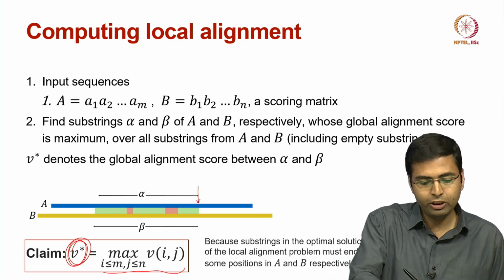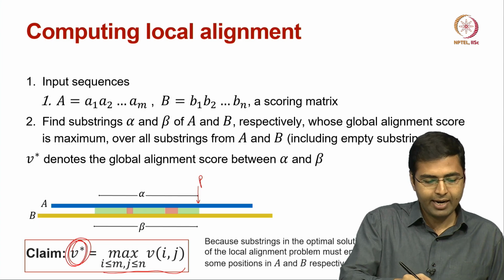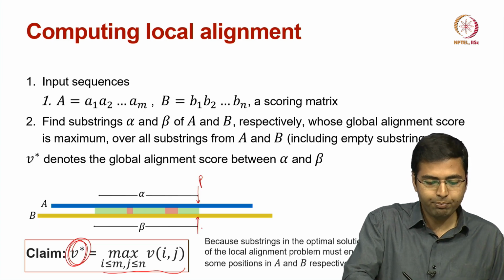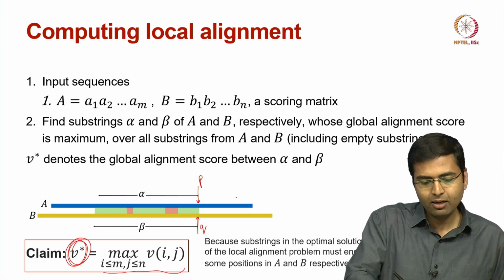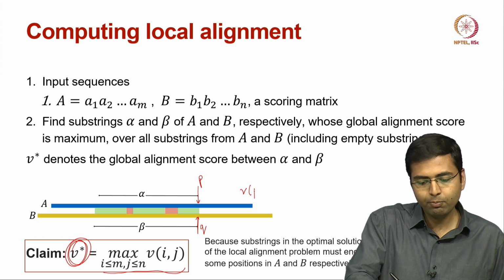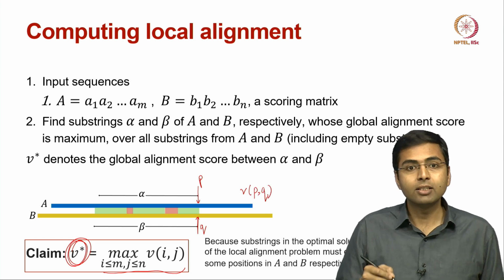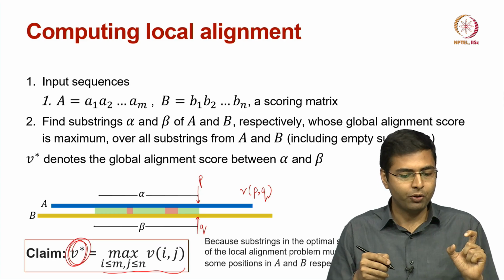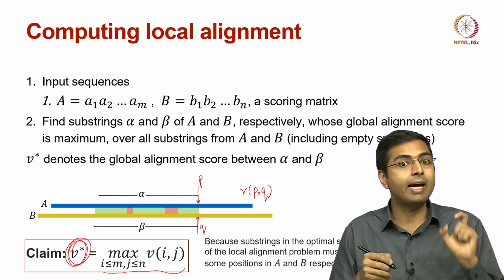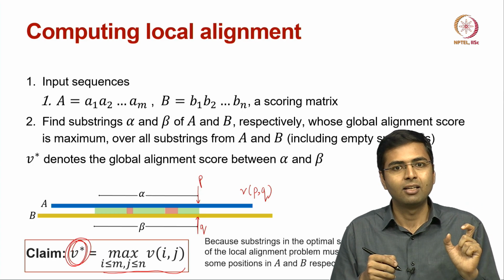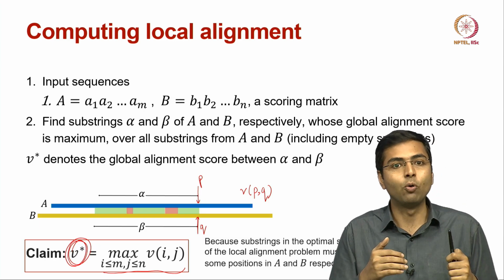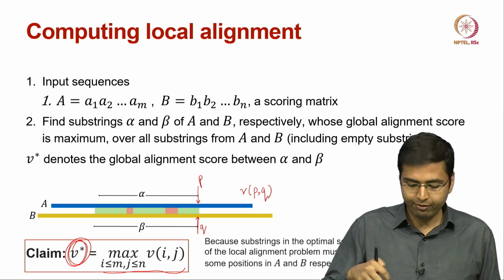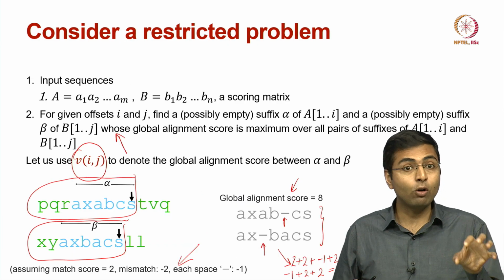Suppose alpha ends at position P in A and beta ends at position Q in B. In this case my local alignment score would be equal to small v_p,q, because v_p,q would have chosen these alpha and beta as its suffixes, since these are the substrings giving me the maximum local alignment score, and naturally they would have been considered by one of these values.